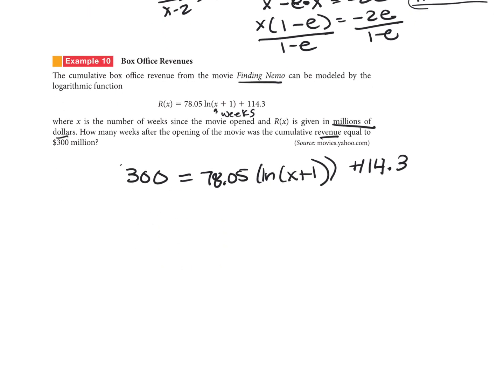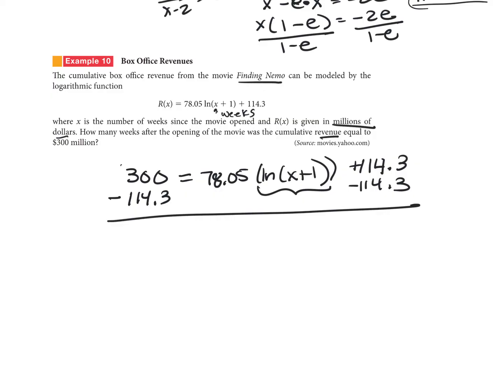All right, so we're going to isolate this natural log. That's what we like to do. So I'm going to subtract the 114 from both sides. Now I'm going to have, then I'm going to divide both sides by 78.05.